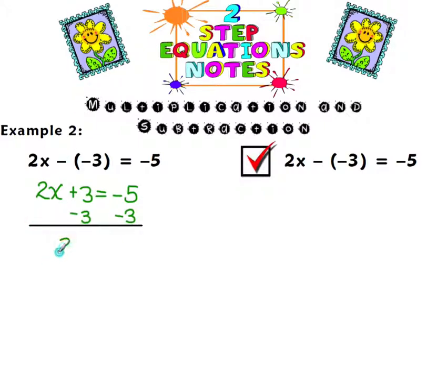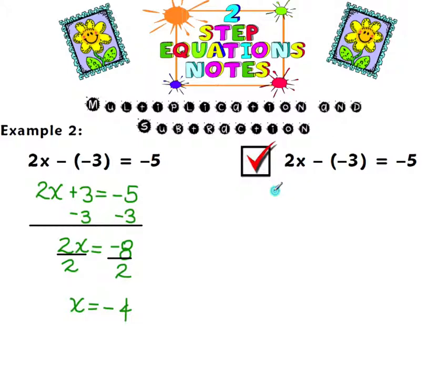So we are left with 2x equals, and -5 minus 3 is -8. We need to undo the multiplication of 2, so we are going to divide by 2. So x equals -8 divided by 2 is -4.